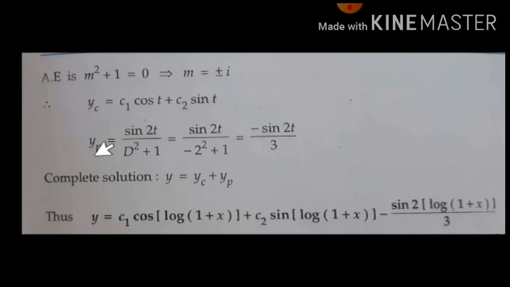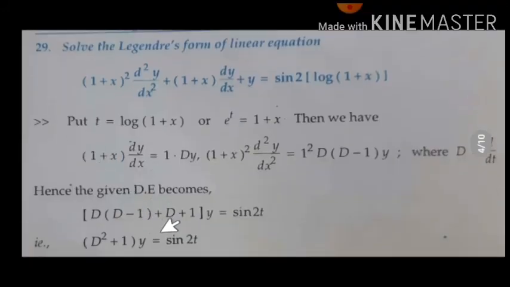Now yp. Since the right hand side of the differential equation comes under the standard types, we can use the inverse differential operator method to solve it, because it is a short, simple method compared to variation of parameters. Hence, this is a trigonometric function. So which type do I need to apply?